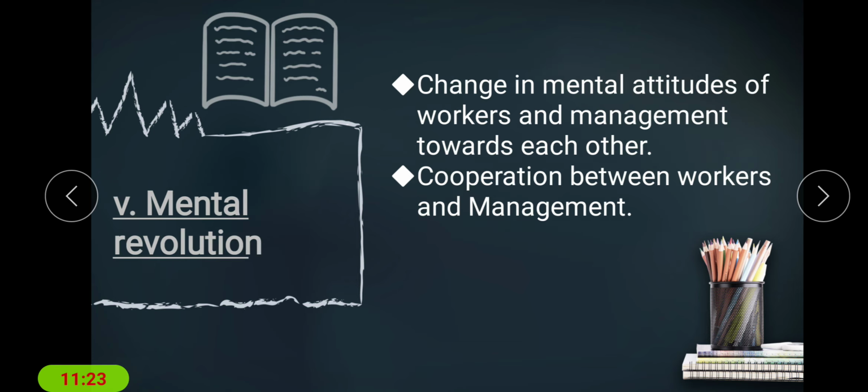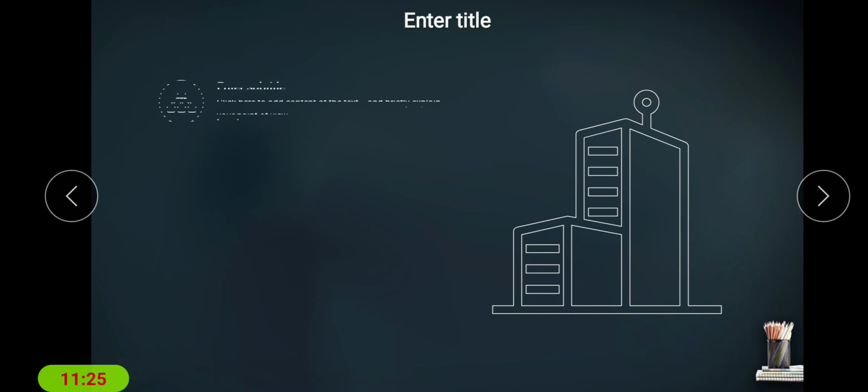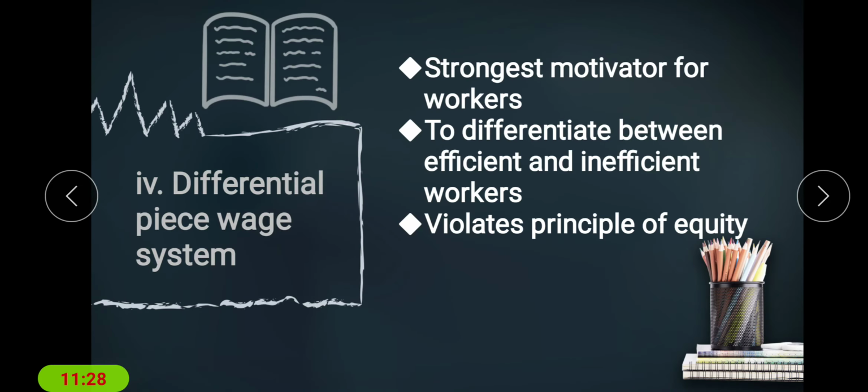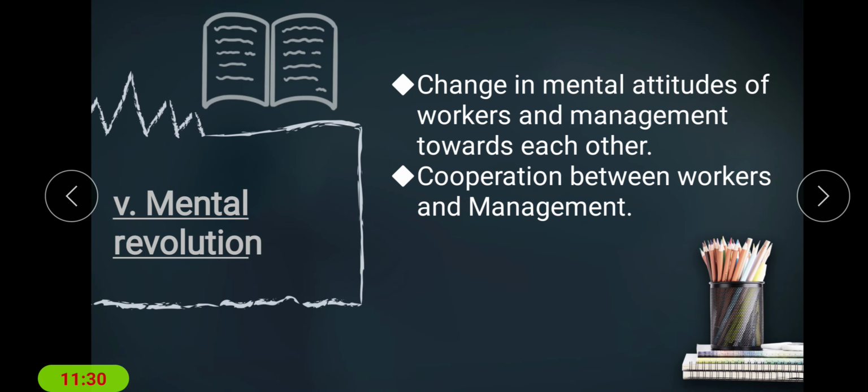Now the last and fifth technique is mental revolution. In order to maintain harmonious relationship, cordial relationship and cooperation between workers and management, it is required to change their mental attitudes towards each other.